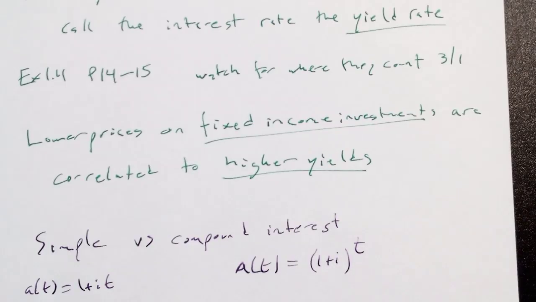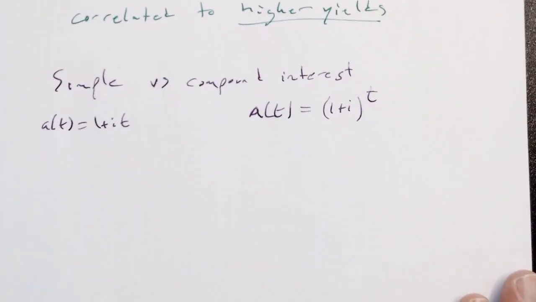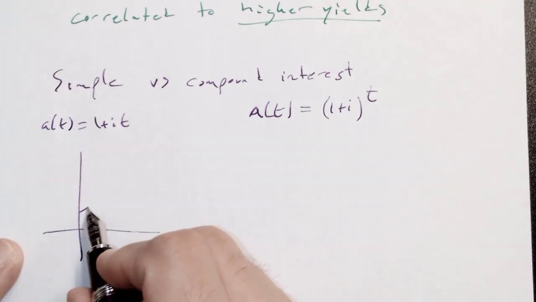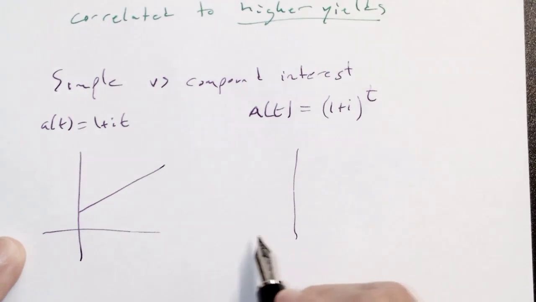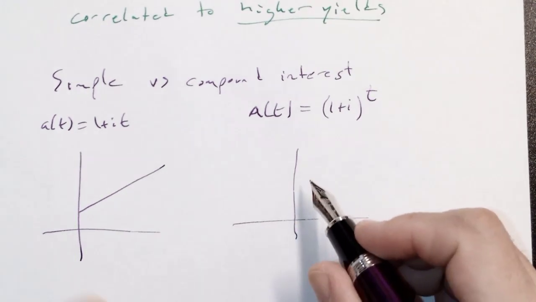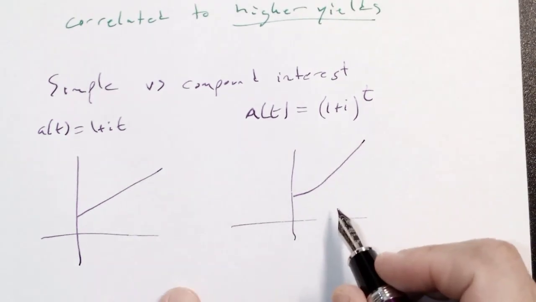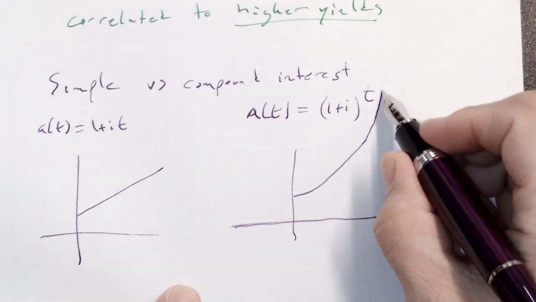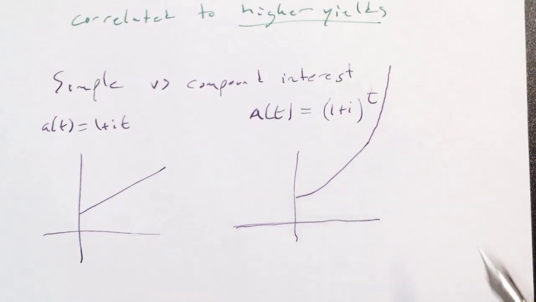And that's that: simple interest is a straight line. Compound interest is an exponential equation. But exponential equations get a lot faster, a lot quicker, the further out in time we go.